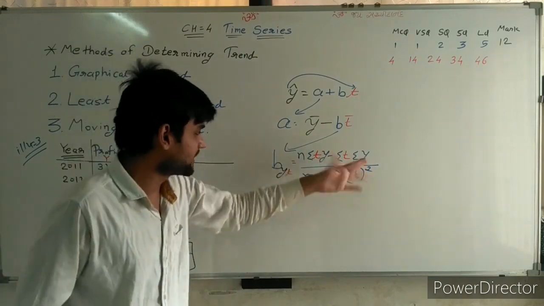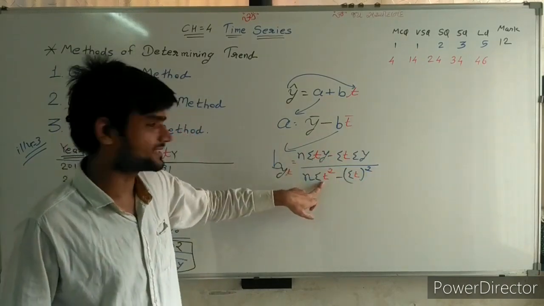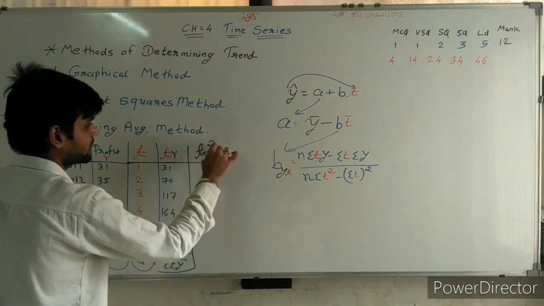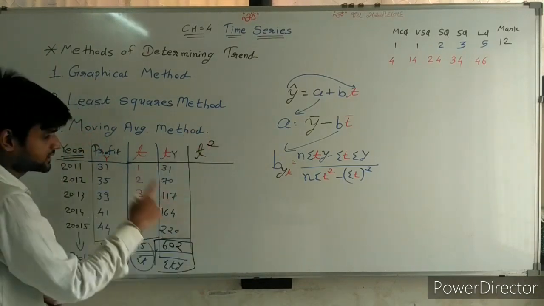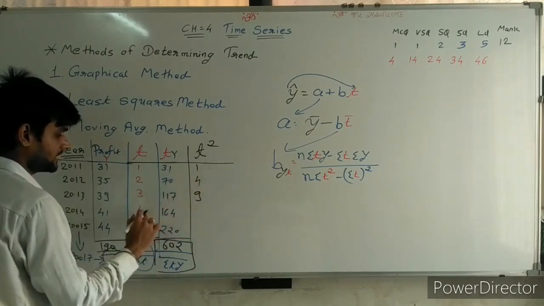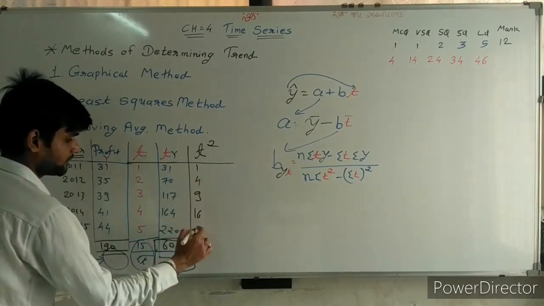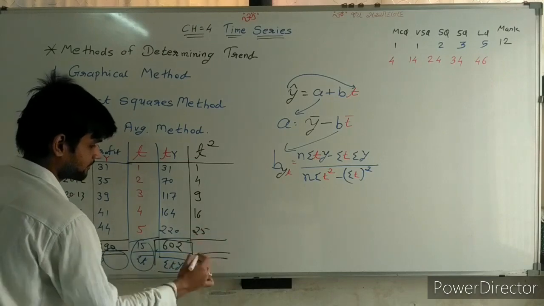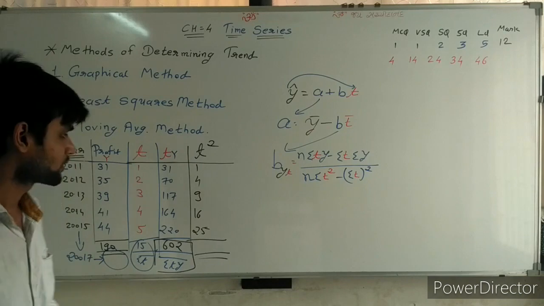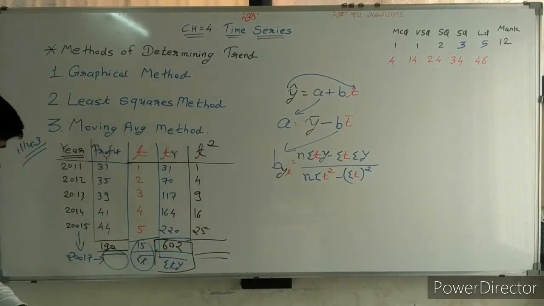Going ahead, sigma t, sigma y, okay. Sigma t square. First of all I need t square, then I can find sigma t square: 1 square 1, 2 square 4, 3 square 9, 4 square 16, 5 square 25. So make the total of this.